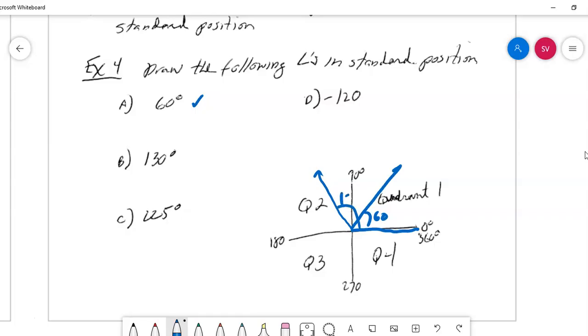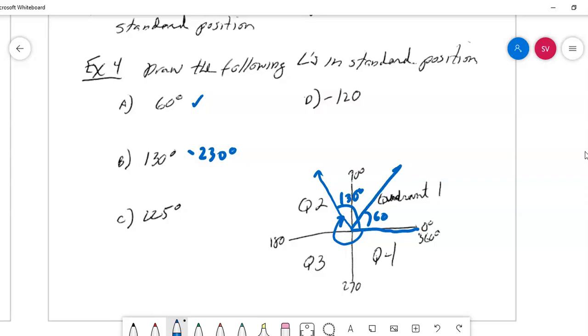If I wanted the coterminal angle, go this way. Basically, I would have to go minus 230 degrees. Because one full rotation, the 130 plus the 230, will give you 360 degrees. The minus sign comes in simply from the fact that we're going in a clockwise direction.